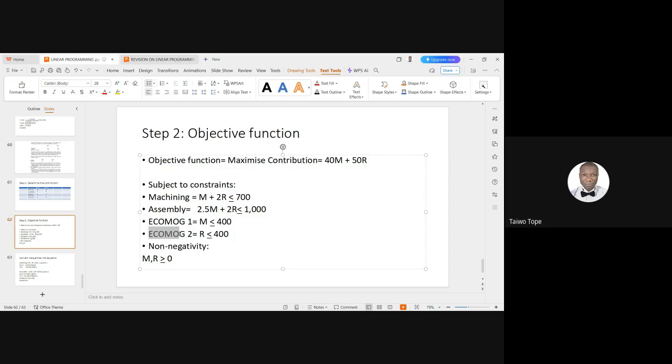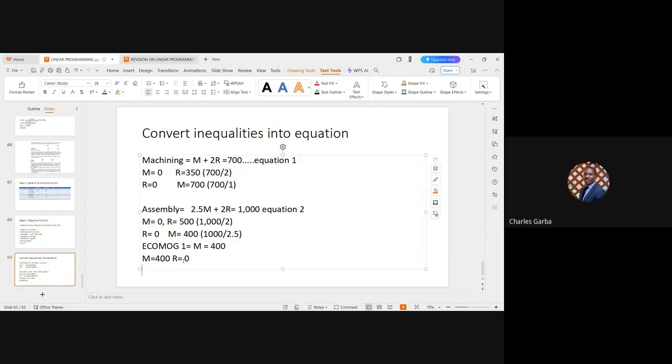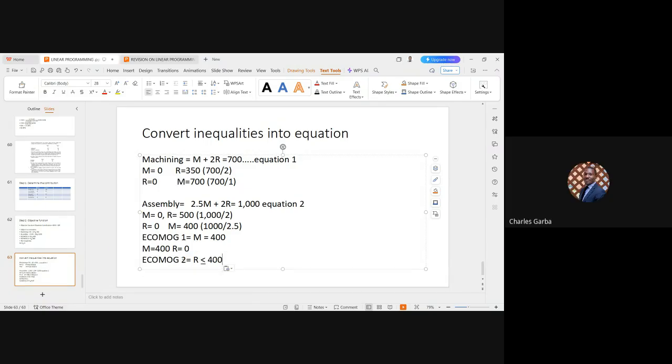For this second ECOMOG, this is equation 3. This is equation 4.